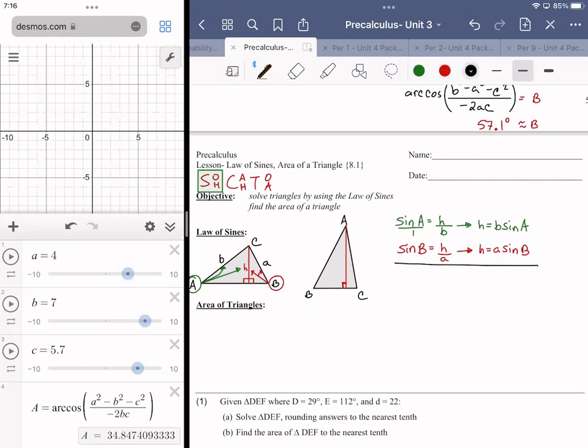Now the second triangle, I can do the same thing. It's a different H, but it's the same idea. This would be C. I have an H, this would be a B.